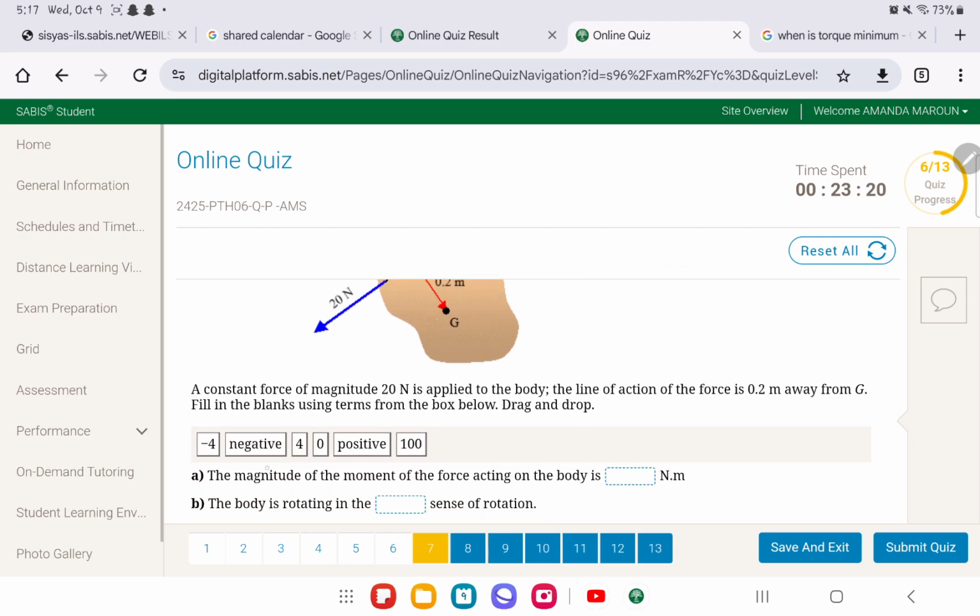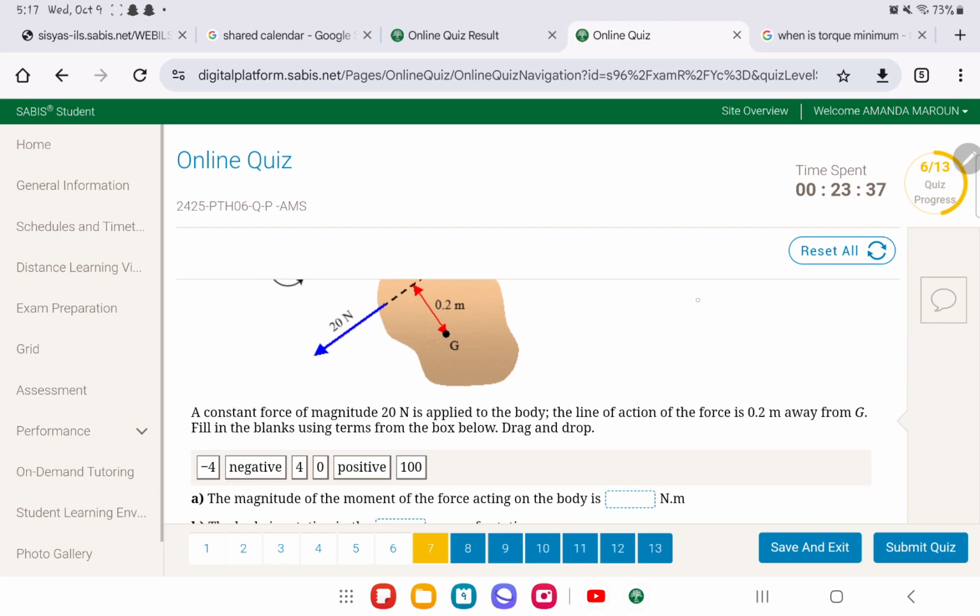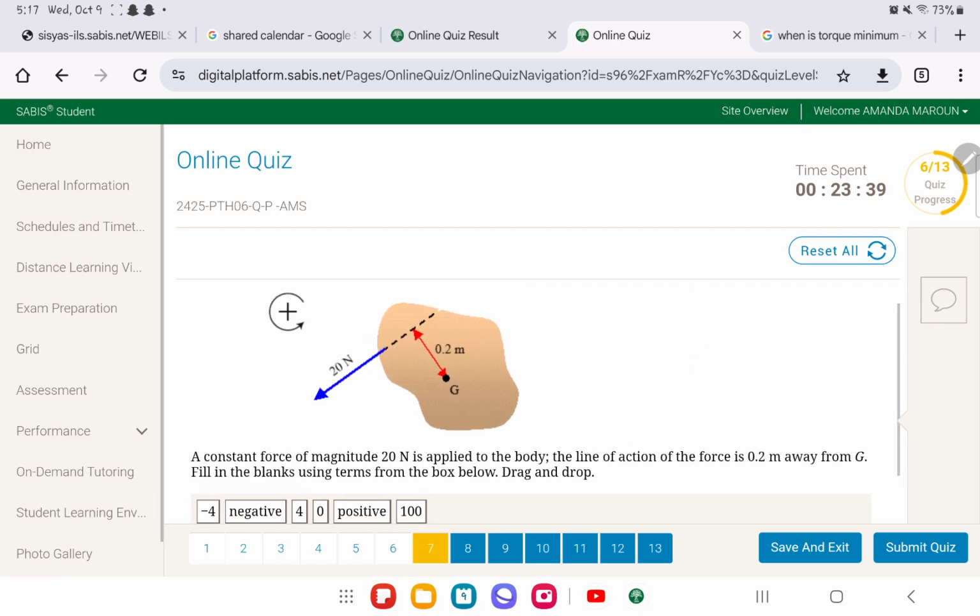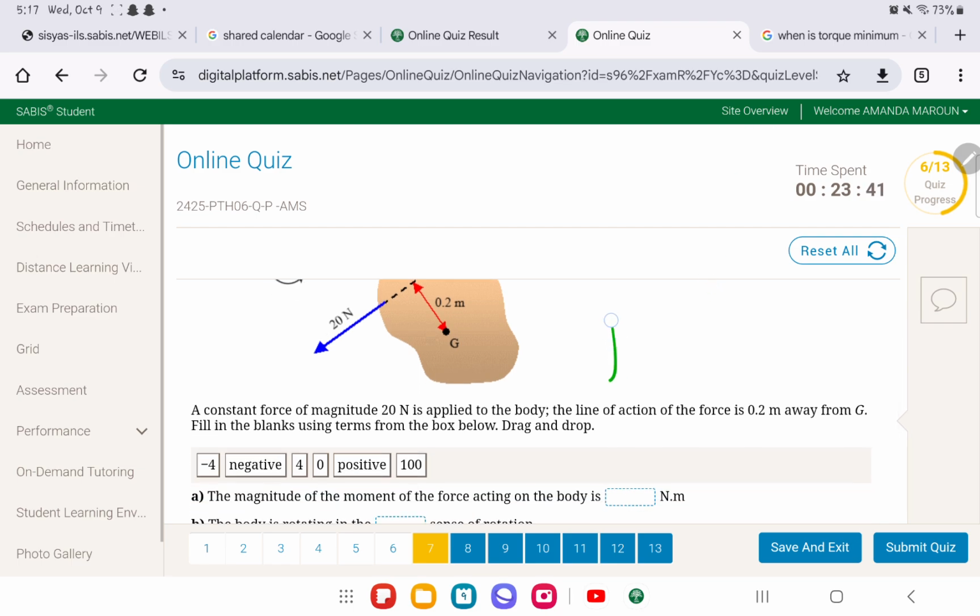They're asking us for the magnitude. Watch out, they didn't ask us for the value, they're asking us for the magnitude. So whenever they ask us for magnitude, we don't take positive or negative, we only take the positive value. So the magnitude of the moment of the force acting on the body: we said to calculate moment, it is our force times our perpendicular distance.